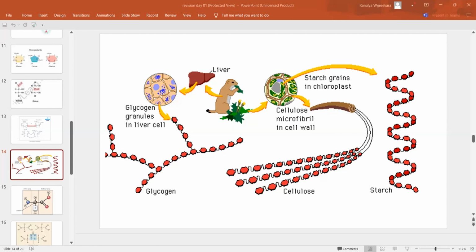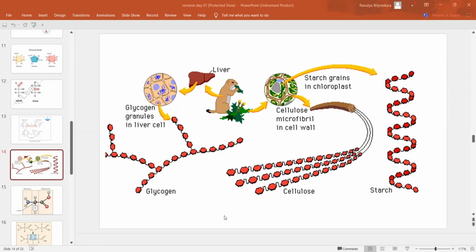Next, polysaccharides are macromolecules. Right? What is the point number now? 20.